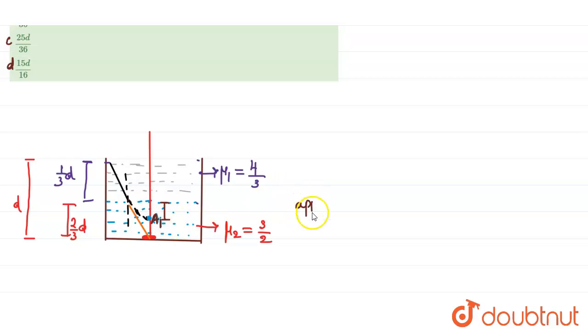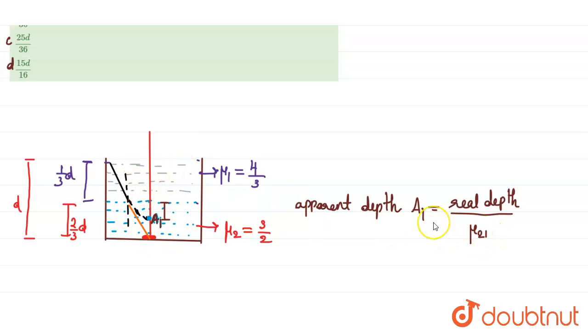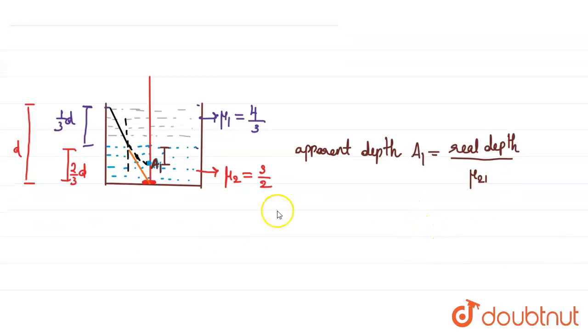Apparent depth A1 is equal to real depth divided by the refractive index of the second medium with respect to the upper medium, mu21. The real depth is this height, 2 by 3 D. So A1 equals 2 by 3 into D divided by mu21.